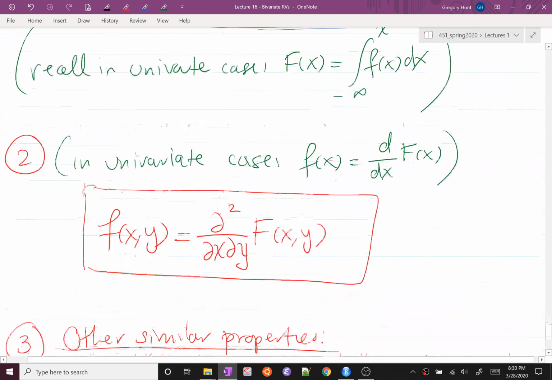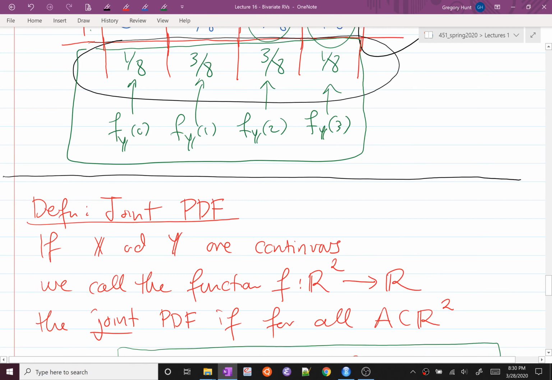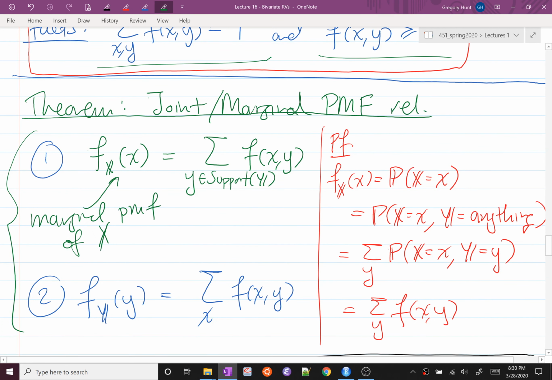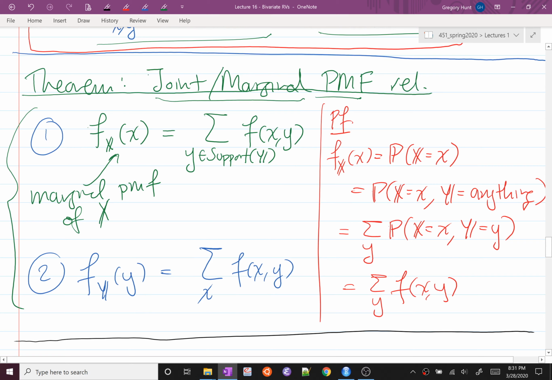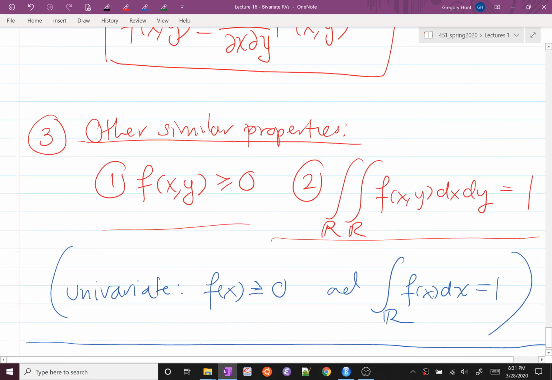The other property we talked about for the bivariate PMF, we had this example, and we had this theorem that related the joint PMF to the marginals. So there's going to be a similar theorem for the joint PDF in relation to the marginal PDFs for the continuous case.